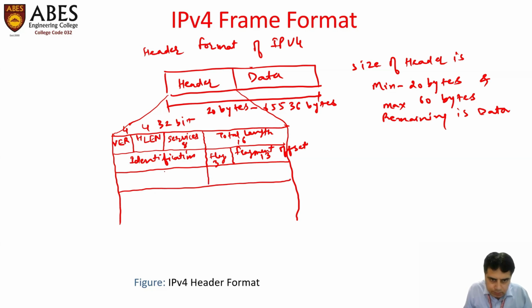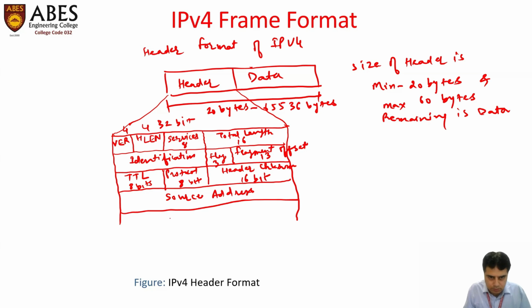Next 8-bit field is TTL, time to live. Next 8-bit field is protocol. Here a 16-bit field is the header checksum. This complete 32-bit field is the source address.